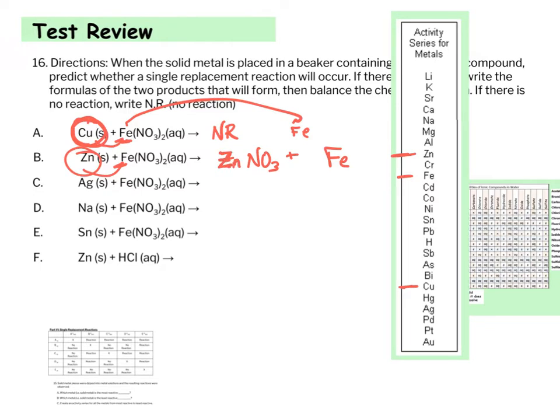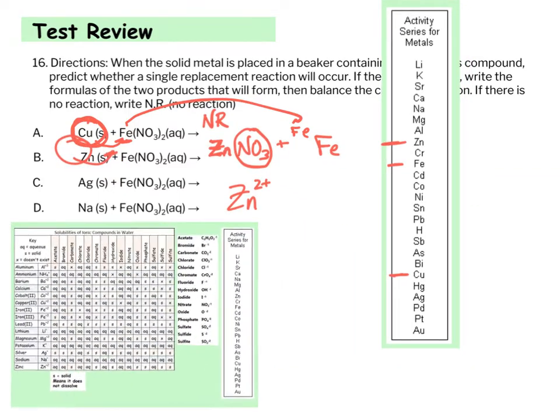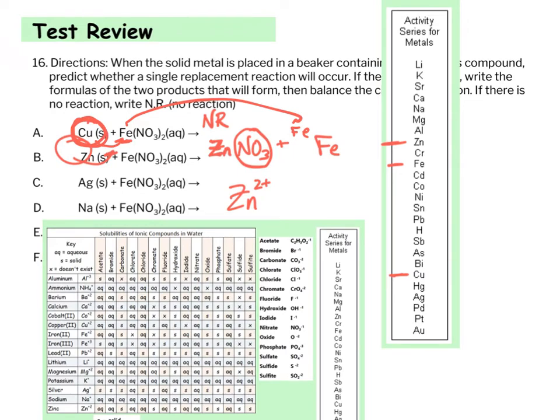We would need a periodic table to figure out the oxidation number for zinc, and we look it up, and it's a 2+, only choice. And then the back part here is one of those polyatomic ions, and we could use this to figure out what that number is.